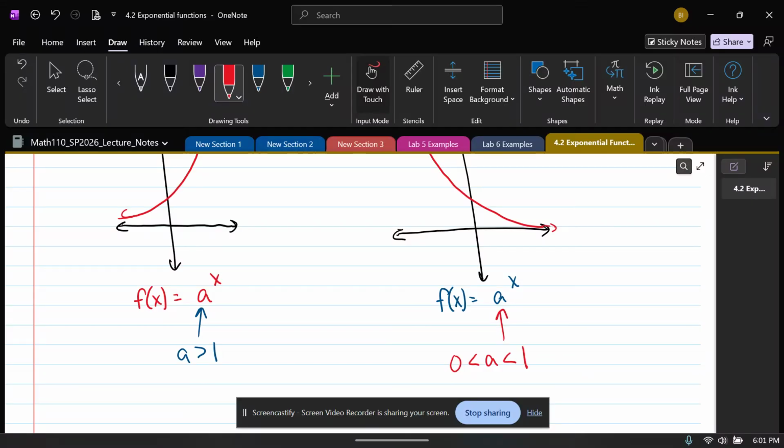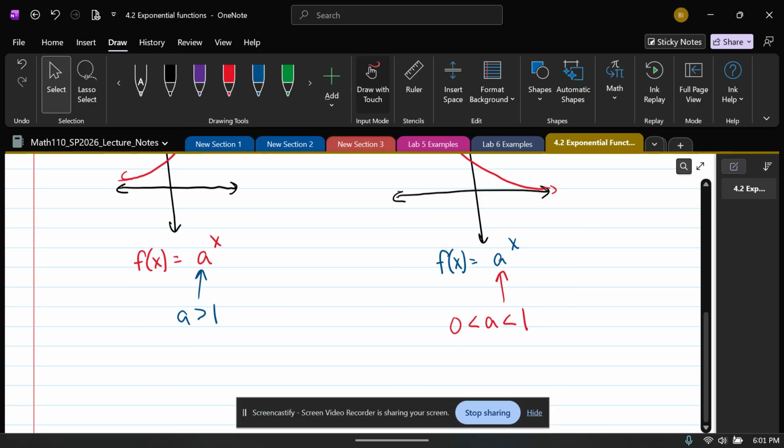So it's a small fraction. Okay? Growth, the base is bigger. Decay, think about decay and decimal going together. You could write it as a decimal really easily. We think about small fractions as decimals a lot of times. They will write it as a fraction, but you think, oh, that's just a decimal, 1/2 is 0.5. That's decay.